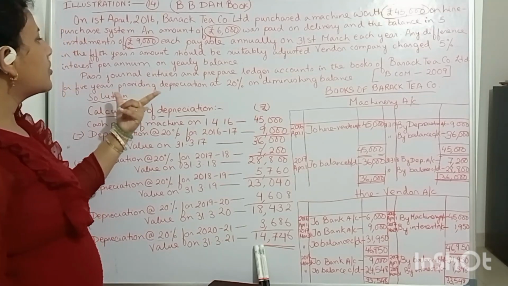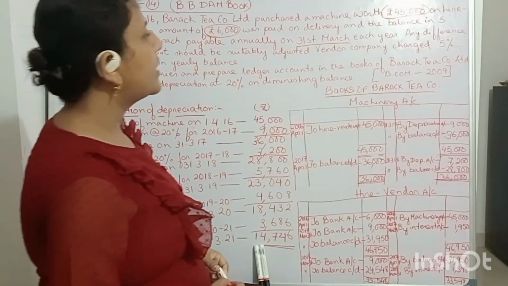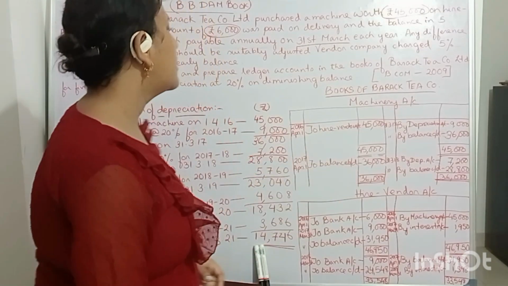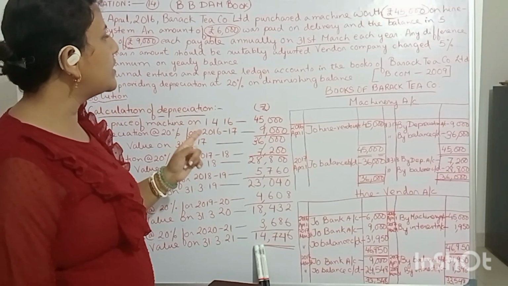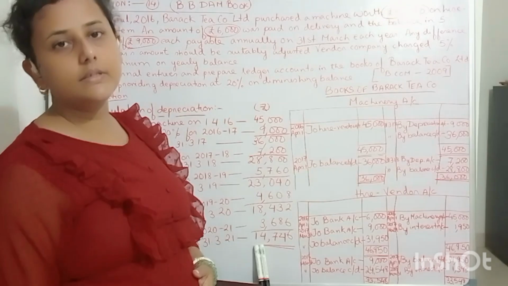Pass journal entries and prepare ledger accounts in the books of Barrack Tea Company Limited for 5 years, providing depreciation at 20% on diminishing balance.